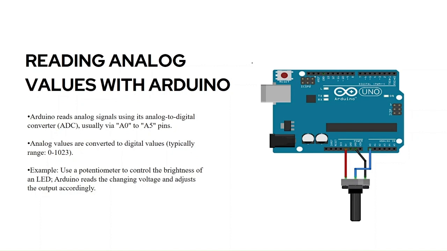Arduino reads analog signals using its analog to digital converter, called the ADC, which has 6 pins, A0 to A5. Analog values are converted to digital values, typically ranging from 0 to 1023. For example, you can use a potentiometer to control the brightness of an LED. Arduino reads the changing voltage and adjusts the output accordingly.